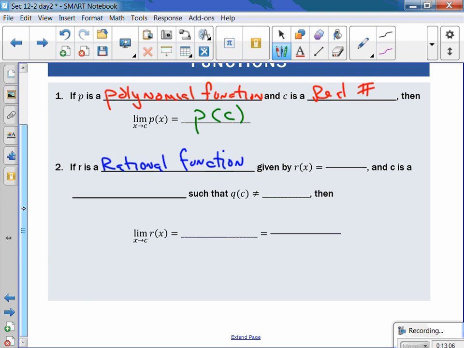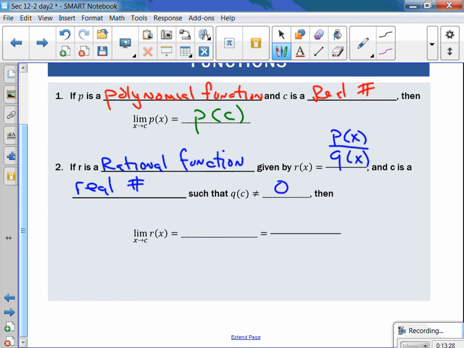So here my rational function, which is given by r of x equals p of x over q of x, again c a real number where q of c is not equal to 0. I don't want to be dividing by 0.